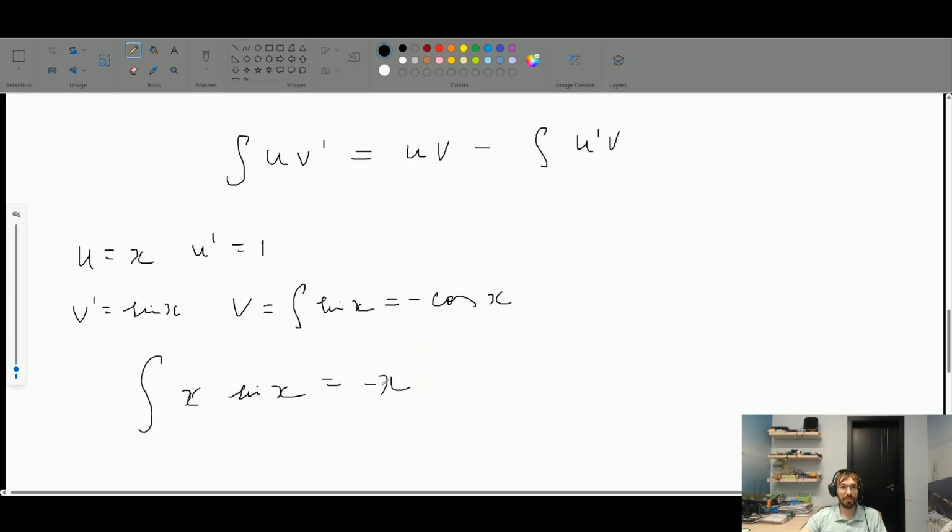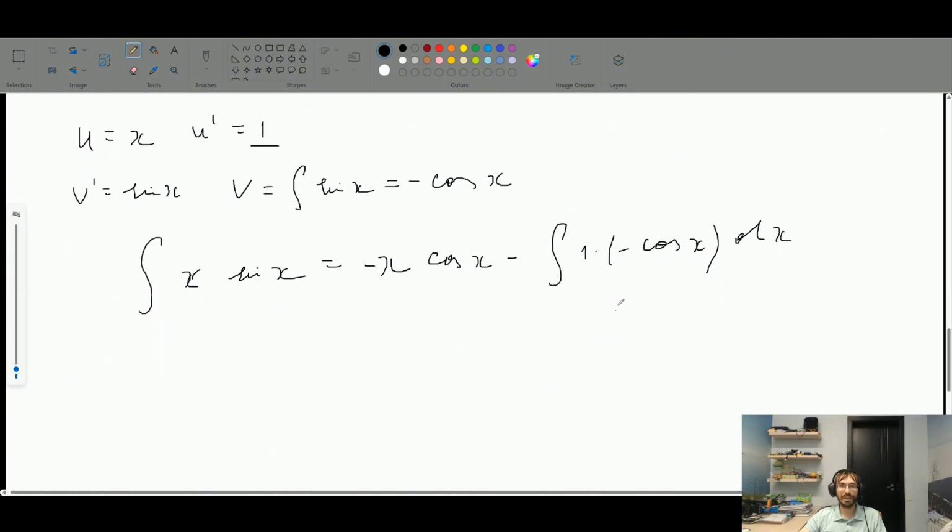I can write minus in front of x, so minus x times cos x, and then minus integral of u dash, and u dash is 1, so 1 times v. What is v? v is minus cos x, so minus cos x dx.